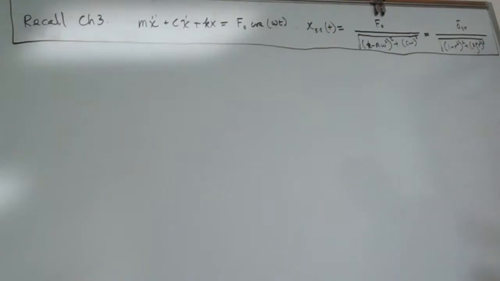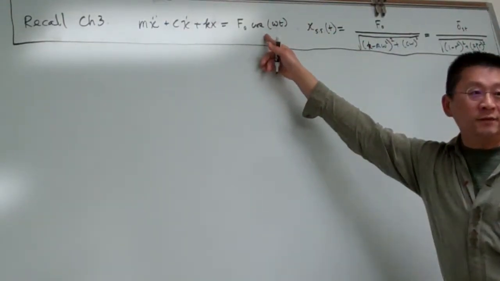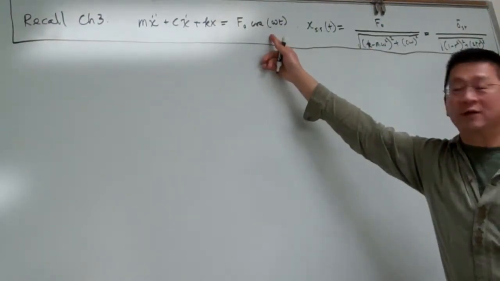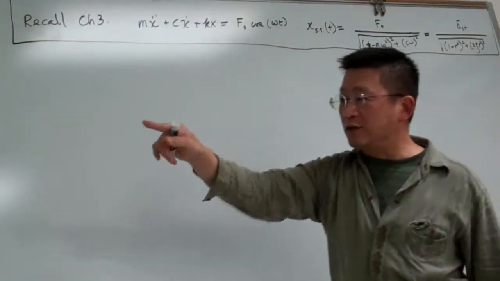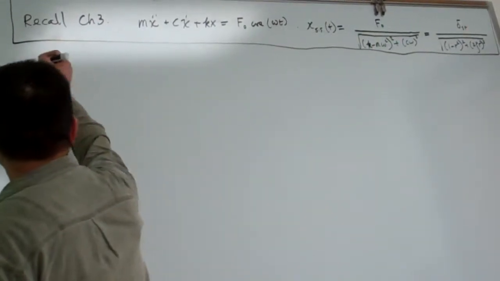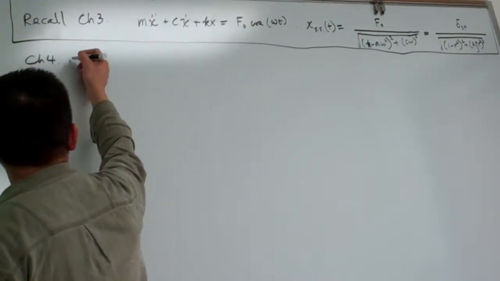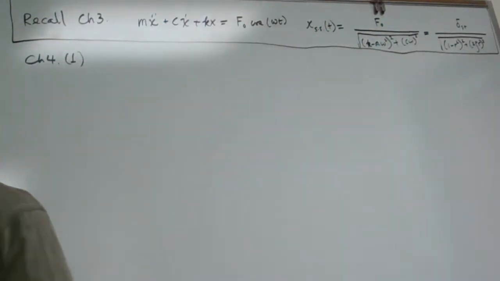This template, basically, is the response to one term of harmonic, and that harmonic function only has one frequency. Right now we look at our system here in chapter 4, and I would say the first type of function is this one.